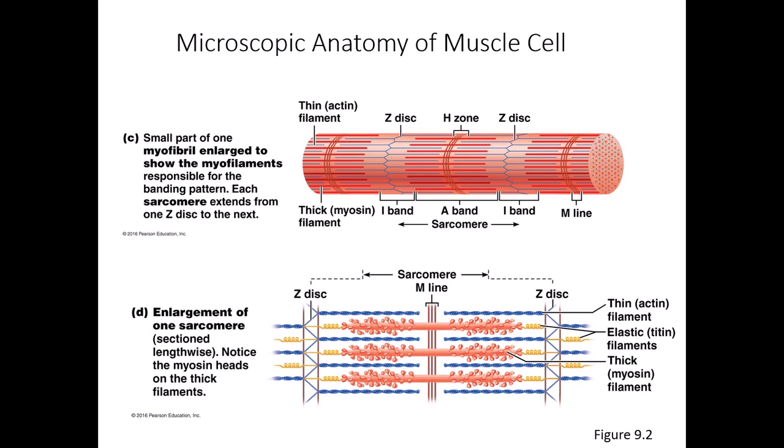But some of that overlaps the blue, the thin filament. Where there is no overlapping blue, right at the center of the thick filament, that is your H zone. So this is the sarcomere, and we're going to get even closer and look at exactly what happens between the thick filaments and the thin filaments to result in that muscle contraction.